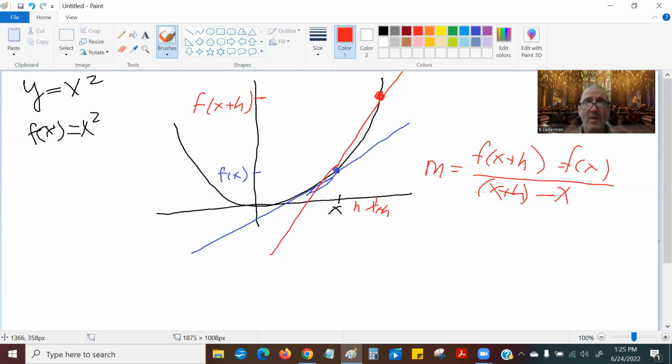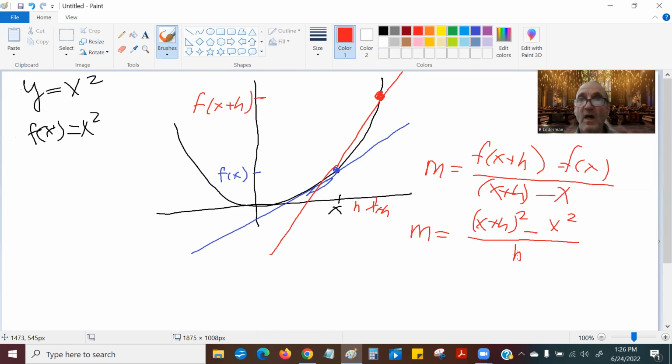And so now, of course, the x's cancel, and I'm just going to be left with an h on the bottom. So the slope is going to be equal to (x plus h) squared minus x squared over h. And we're going to deal with that.